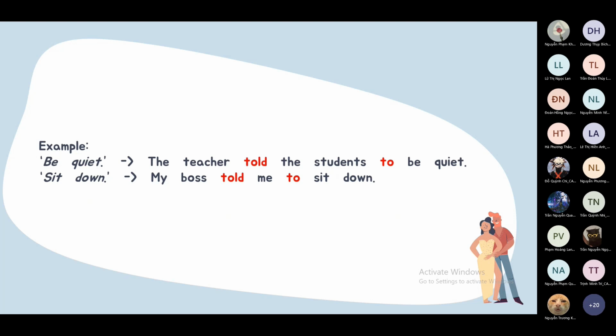So we transform this sentence due to the situation, based on the situation and the person who said this sentence and who received the information, which is the teacher and the students. In the second example, like "Sit down," we change this sentence into "My boss told me to sit down."